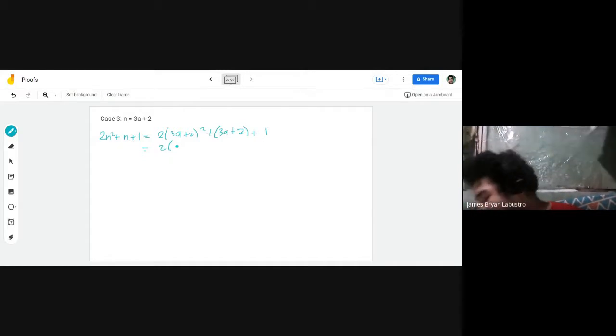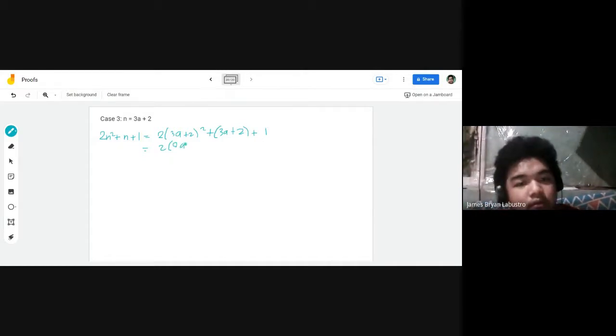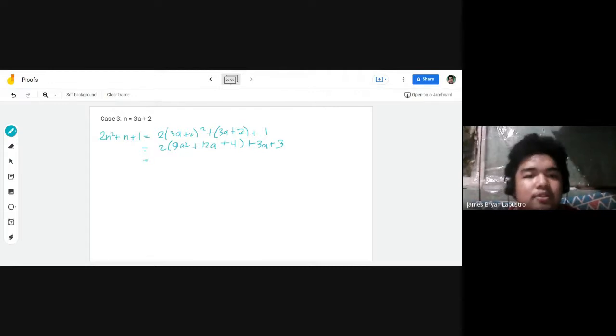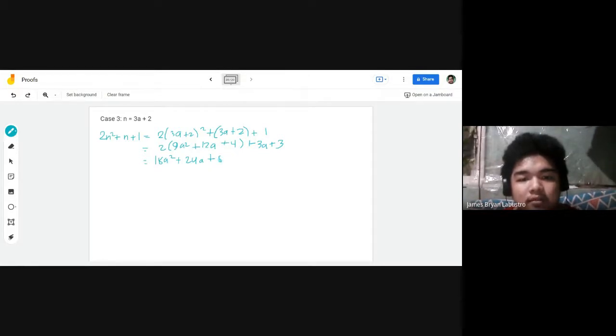So we have 2 times, what do you call this? Tama ba? Okay, 9a squared plus 12a plus 4 plus 3a plus 3. So we have 2 times 9a squared, that would be 18a squared plus 24a plus 8 plus 3a plus 3.